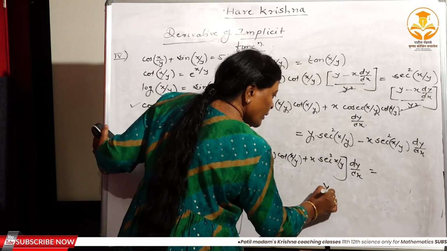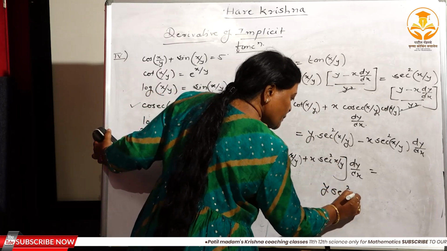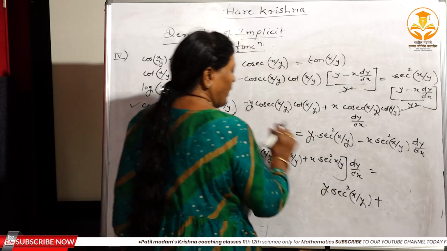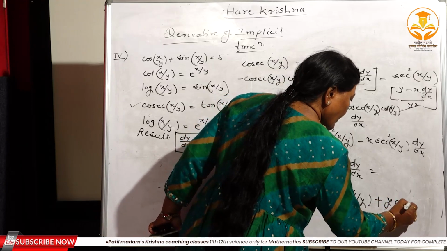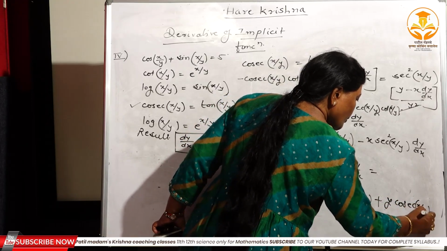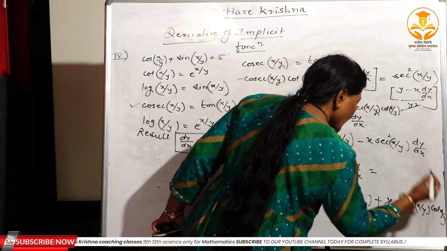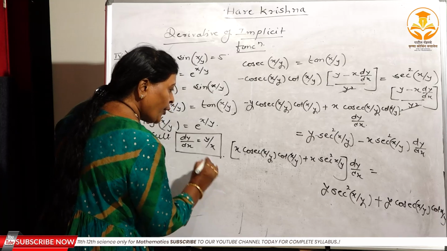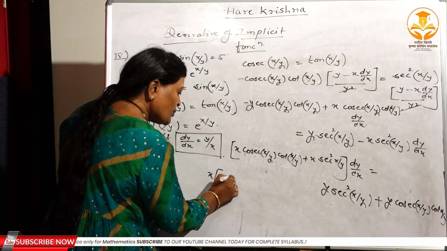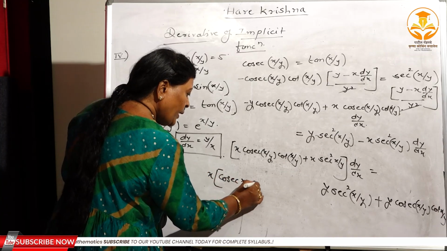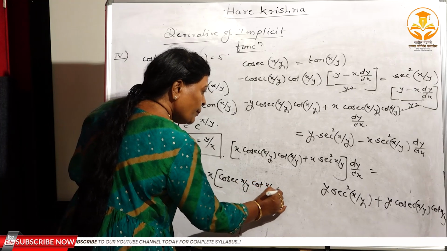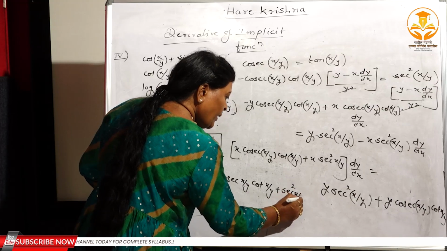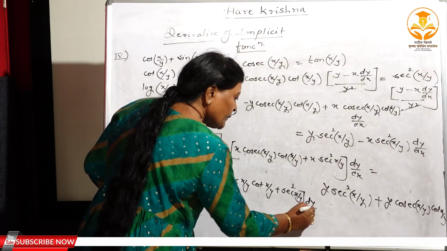Here in this side, that is y sec square(x/y), and if you transfer this term here, that is y cosec(x/y) into cot(x/y), right? Again if you observe this, you can take x common from this. If you take x common, cosec(x/y) into cot(x/y) plus sec square(x/y), into dy/dx, right?